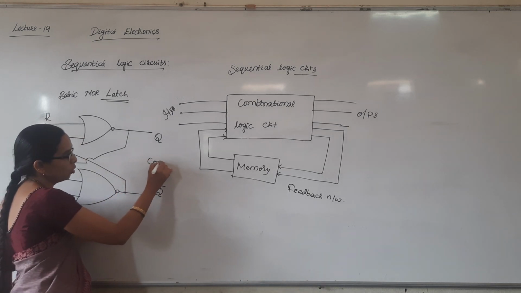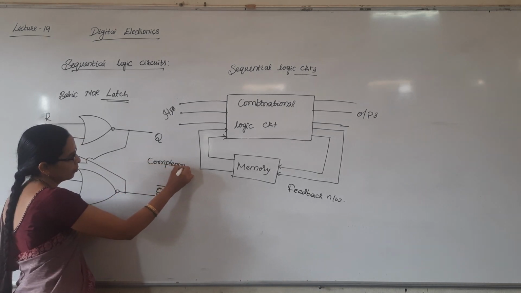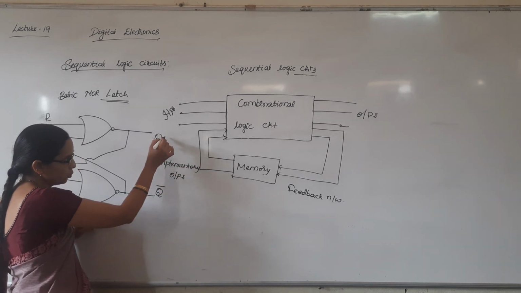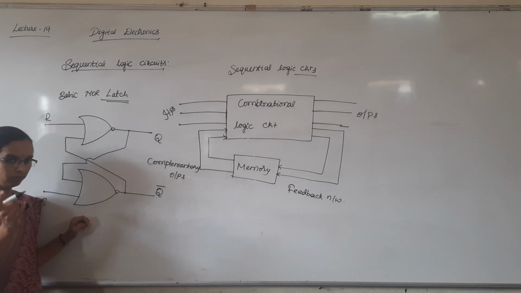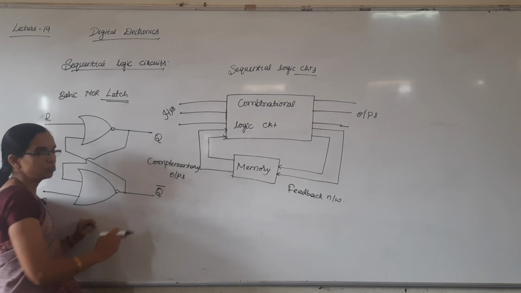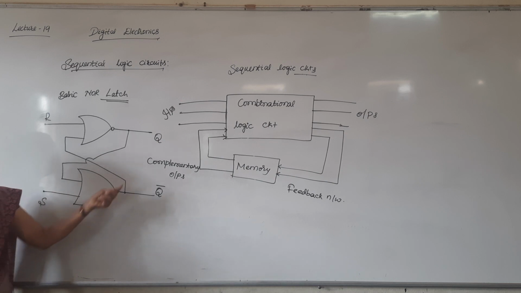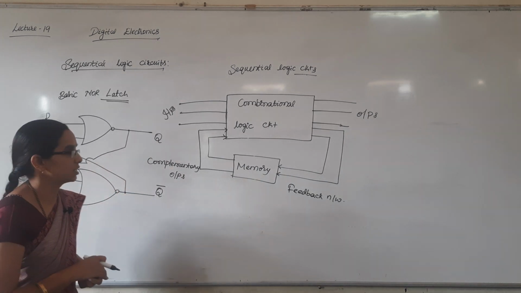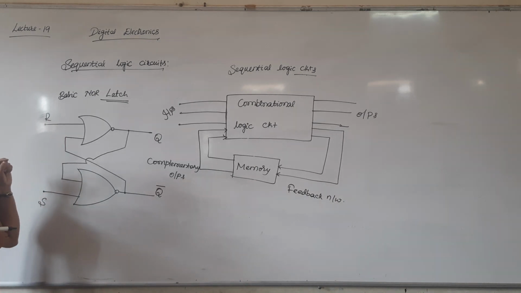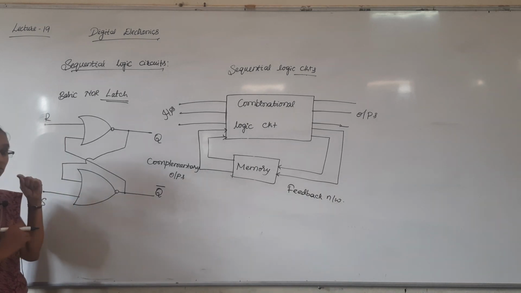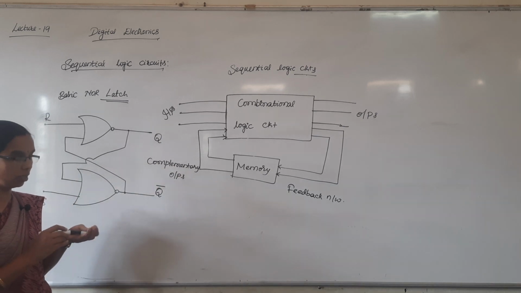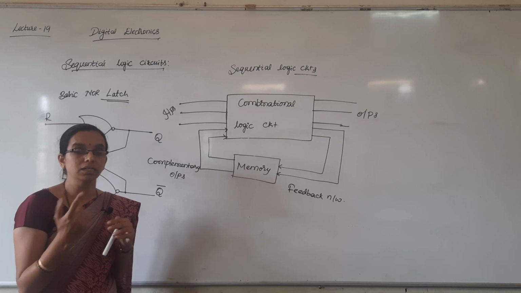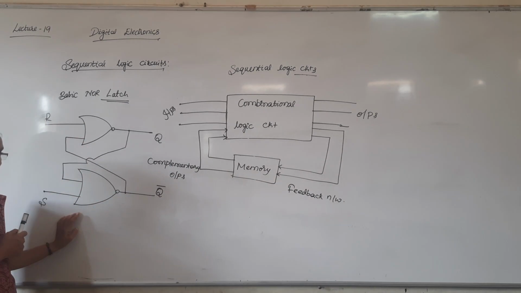These two are called complementary outputs, in the sense that if Q is equal to 0, Q bar should be 1, and if Q is equal to 1, Q bar should be 0. Why Q and Q bar, you will understand in the coming classes. Just to analyze the circuit, how these sequential logic circuits are going to store 1 or 0, we will analyze now.